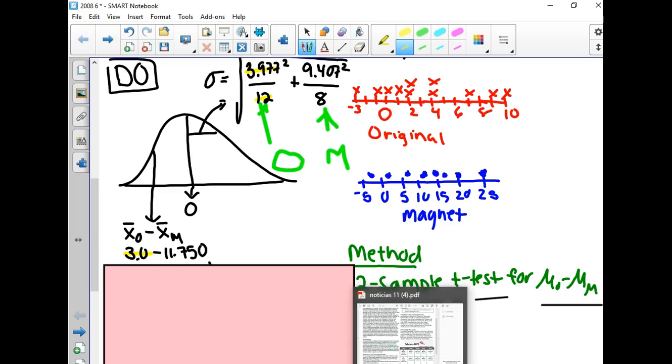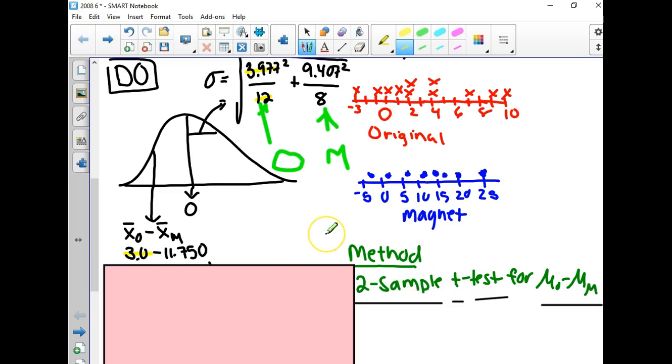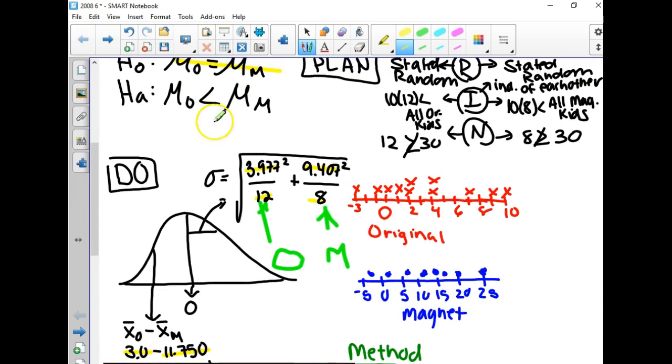Pause it and grab your graphing calculator. Next, your X bar of 2 will be 11.750. Your N2 is 8 because that's the sample size for the magnet school. And then the standard deviation for the magnet school is 9.407. You are not pooling, you only pool for proportion, and then you just need to make sure that you highlight the less than.